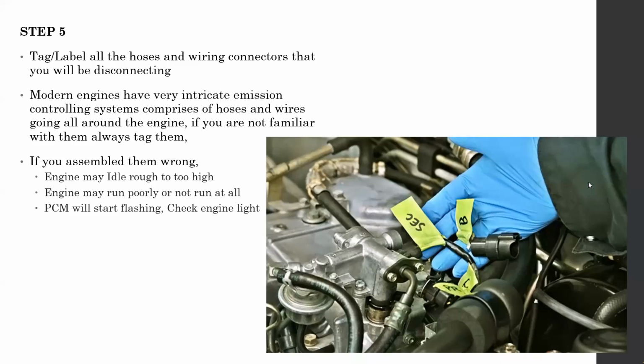Another thing is, the engine may run poorly because the EGR system is fixed wrong, and exhaust gas is coming into the engine, or the PCM will start flashing the check engine light, right? So that could actually happen. To avoid these things, you always have to make sure that you know where everything came from.